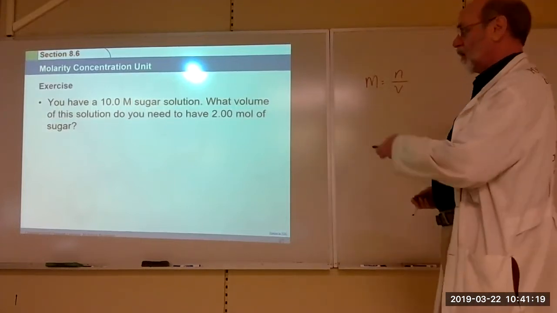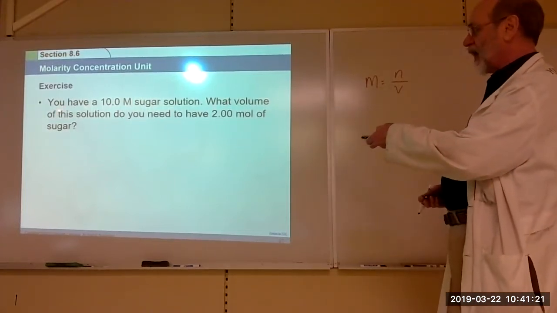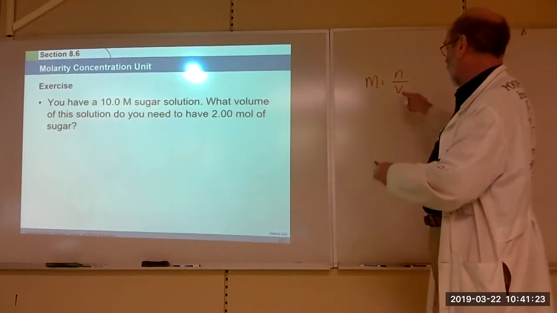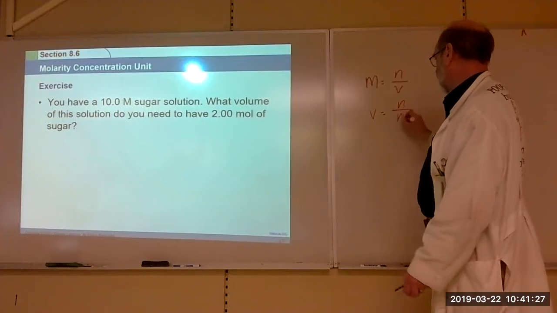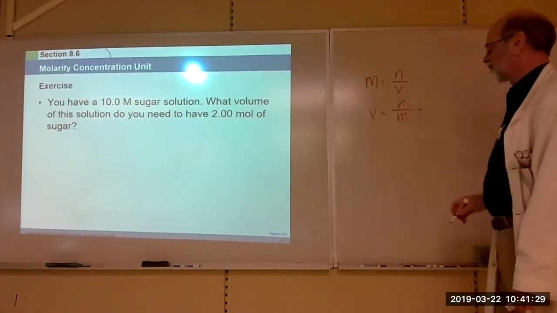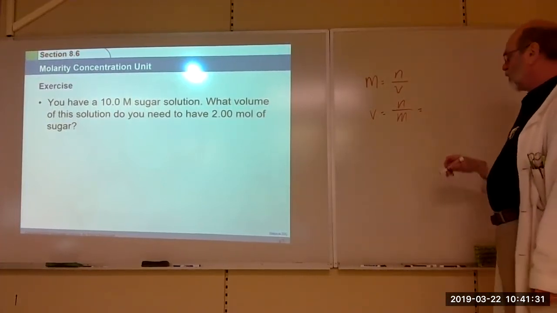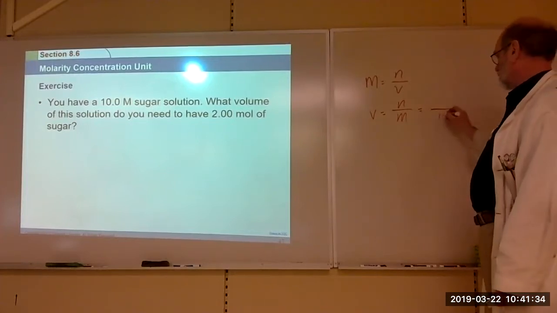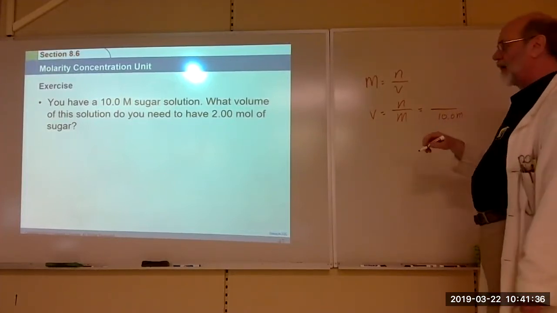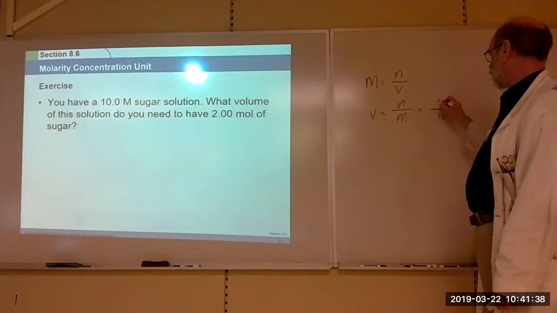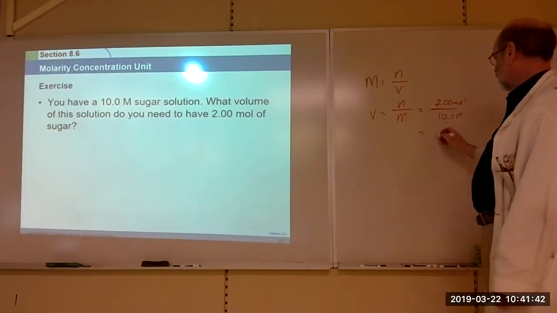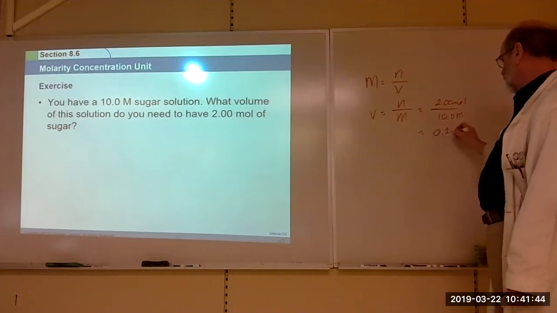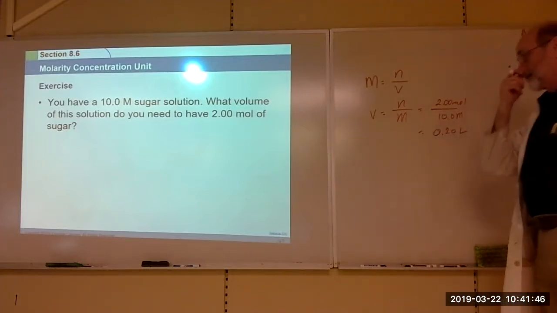You want to know what volume of the solution you need, so we're going to solve for volume. Volume equals moles divided by molarity. So we have molarity on the bottom and moles on top. We want 2 moles, right? So that's equal to 1/5 or 0.2 liters.